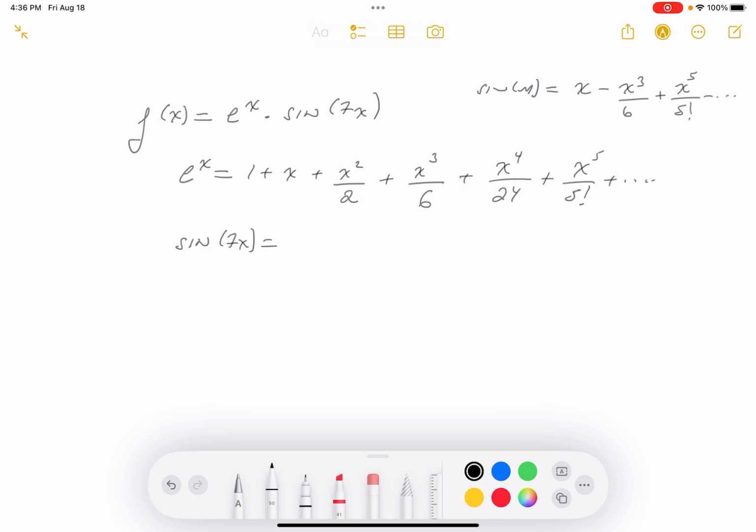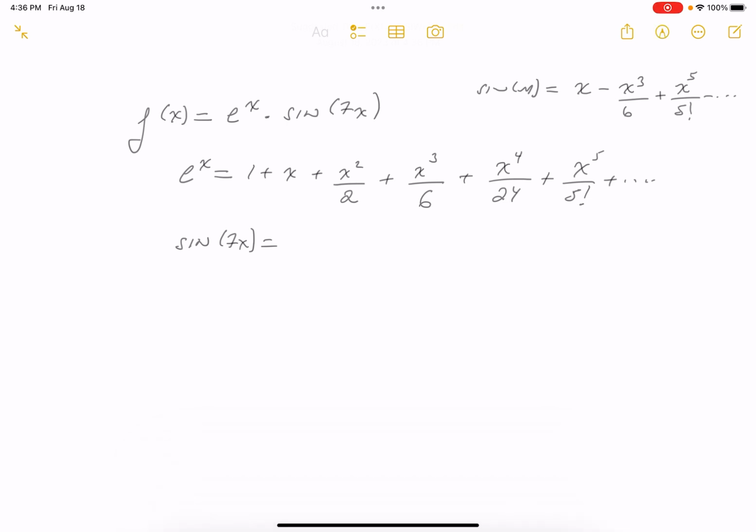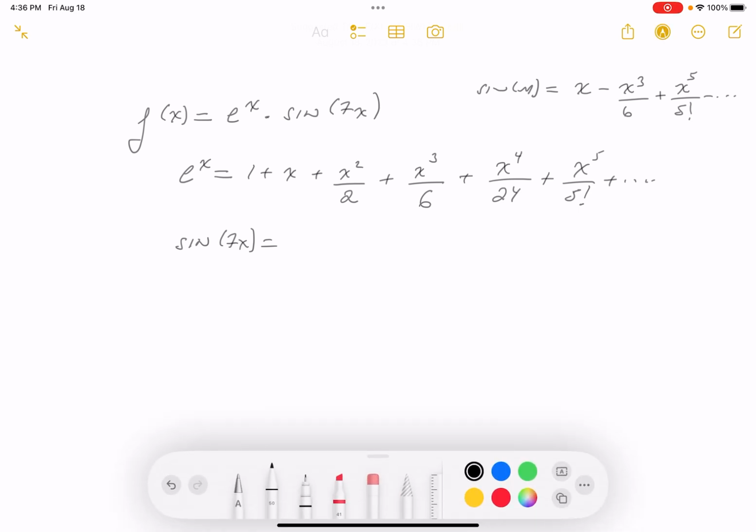Now, someone says, what are you going to do about that? I mean, this would be a really tough multiplication problem. If I had to multiply, well, I haven't even written this one down. Let's write this one down. I made a mistake over here, too. I used x when I should have used u. Let me get my eraser out and take care of that. I just noticed it. So it's going to be u minus u cubed over, I'll put 3 factorial down this time, plus u to the 5 over 5 factorial minus yada, yada, yada.